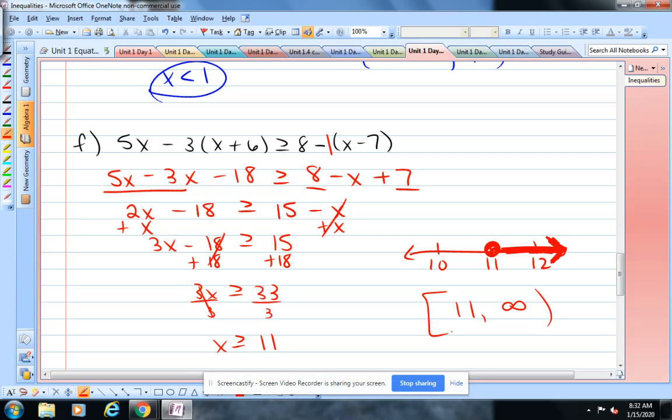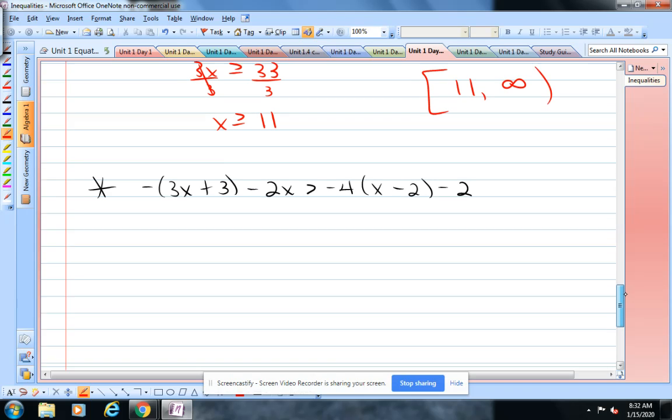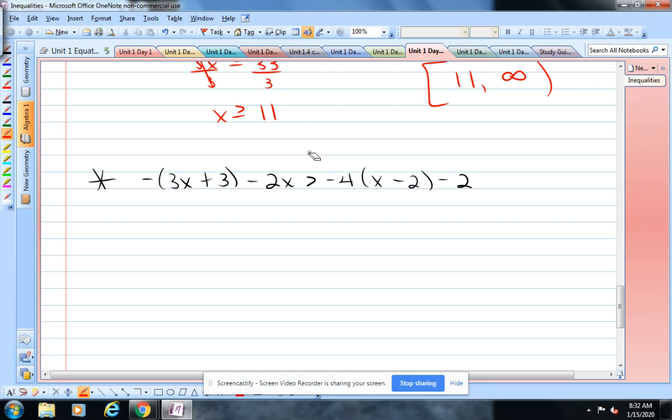All right. Good job. I think this next one's a you try. Oh, it sure is. That's a greater than symbol right there. Test your skills. But it's the last example. You can do it on the back of this thing if you want.